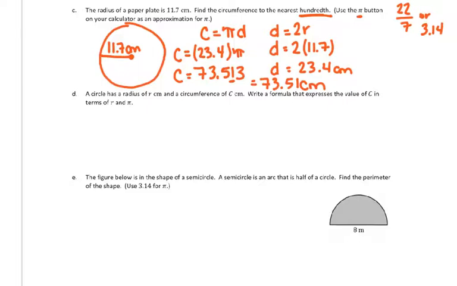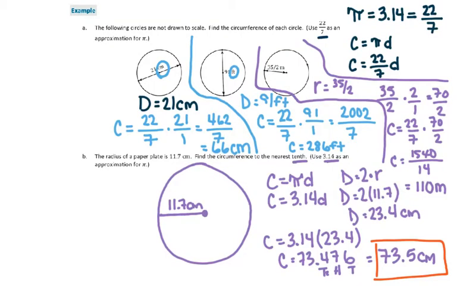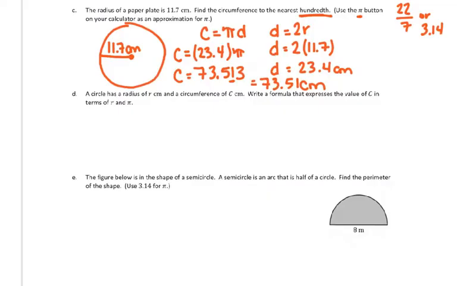So that was me using the pi button. So if I go back really quickly, when our plate had a radius of 11.7, and we rounded and said that pi was equal to 3.14, we came up with our circumference being 73.5. When we did not round, we came pretty close, but not as close.